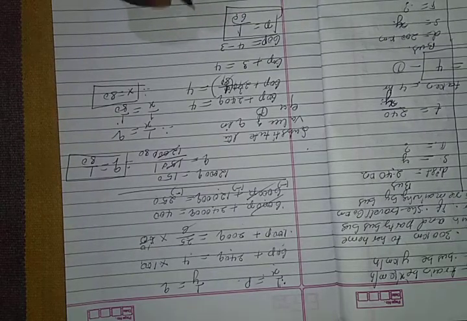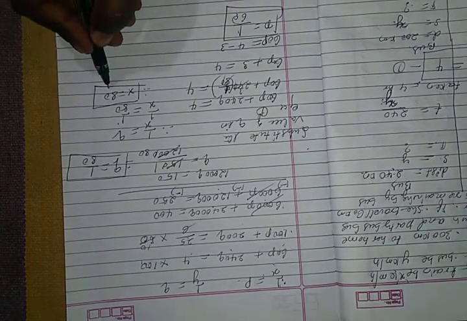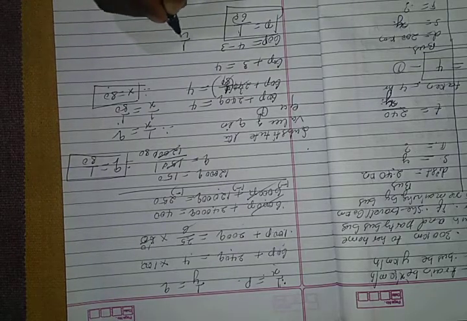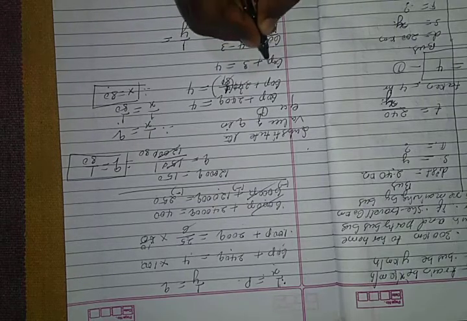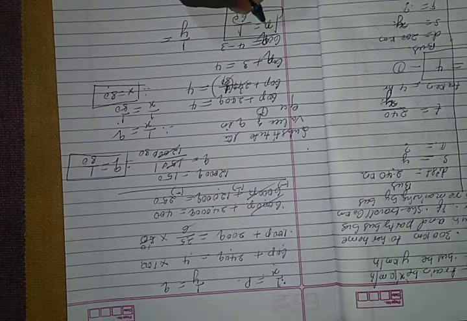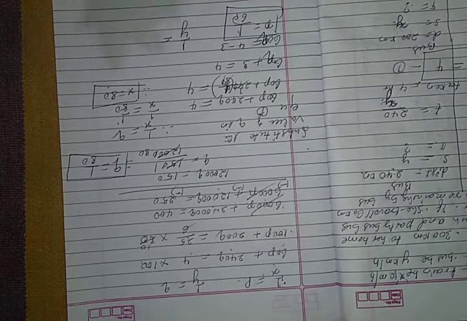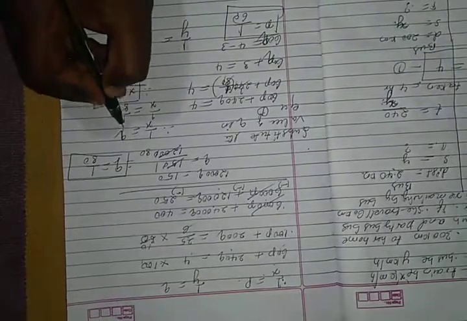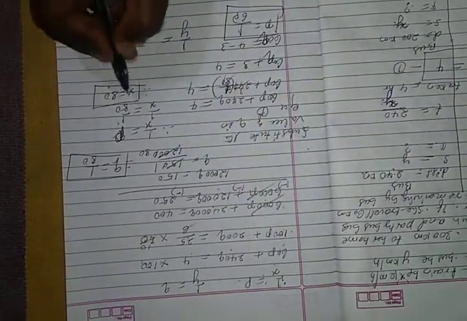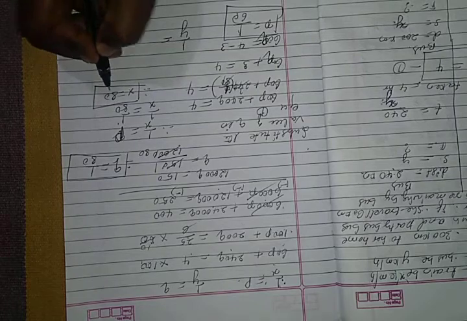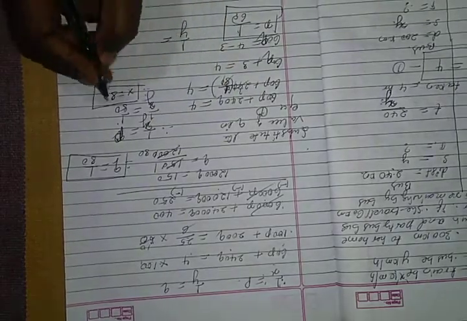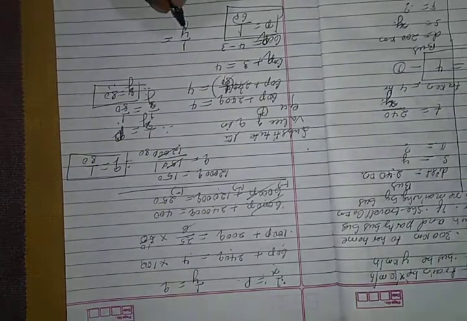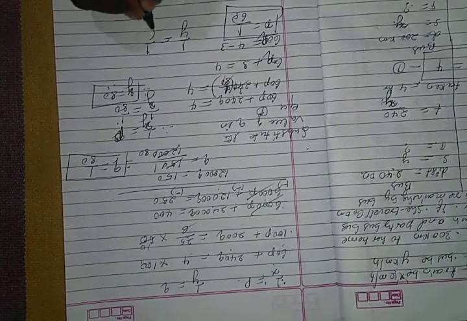We have to find out the value of y. 1 by x is p, so 1 by x is equal to 1 by 60.